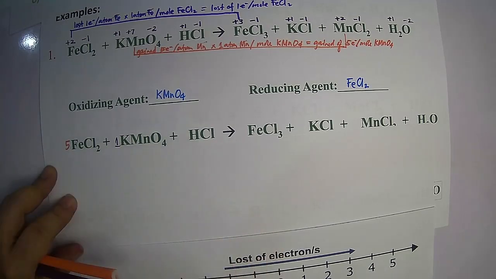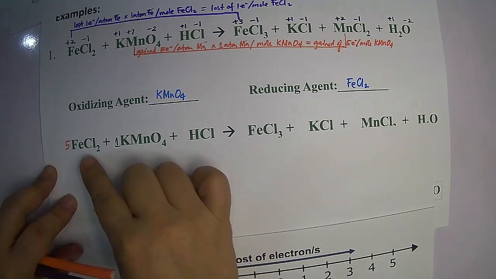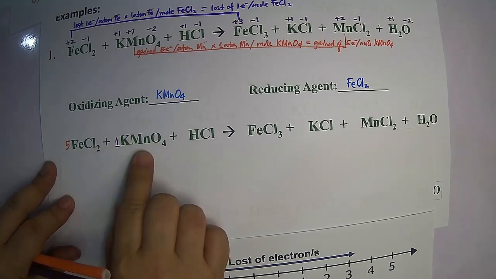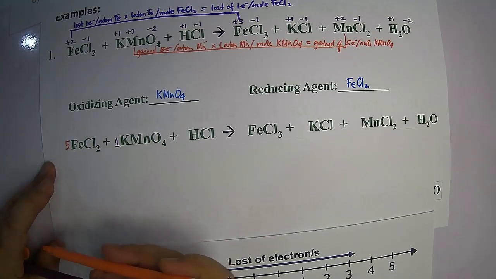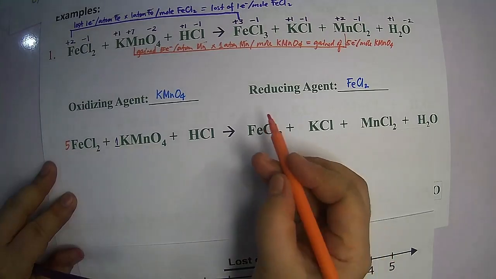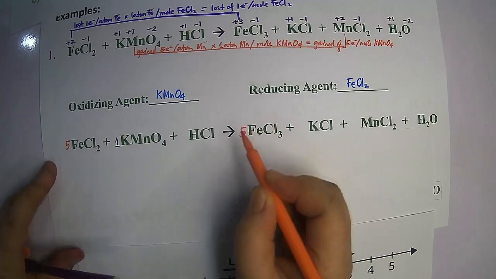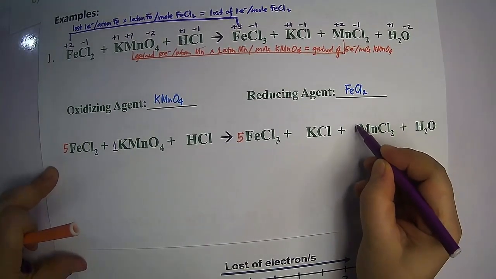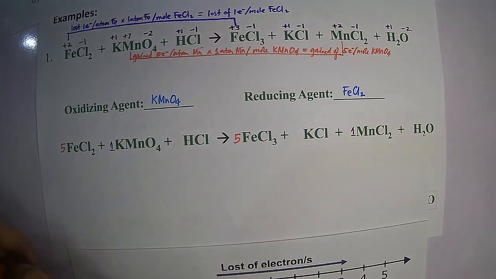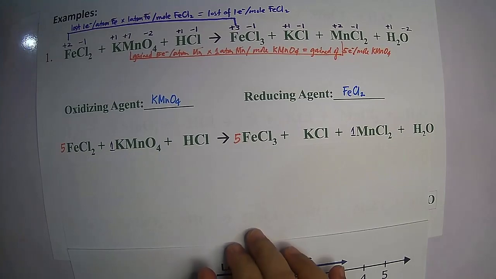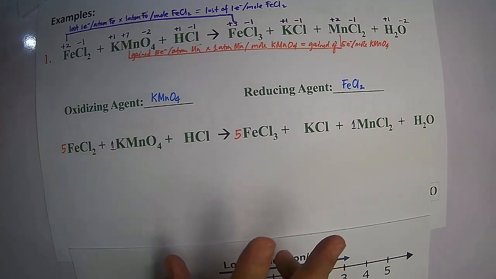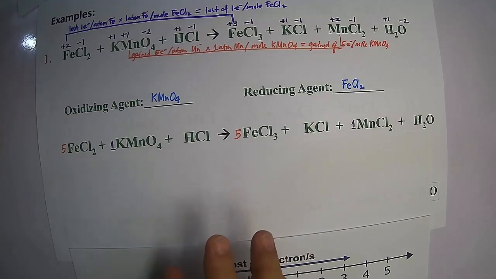Then the next step, you balance on the other side in terms of the elements that change the oxidation number. So the 5 here, iron we have 5, we balance on the other side, we have 5. Then manganese, we have 1 here, we write 1 here. Then next step, after doing that for the two elements that change their oxidation number, we continue balancing by inspection.